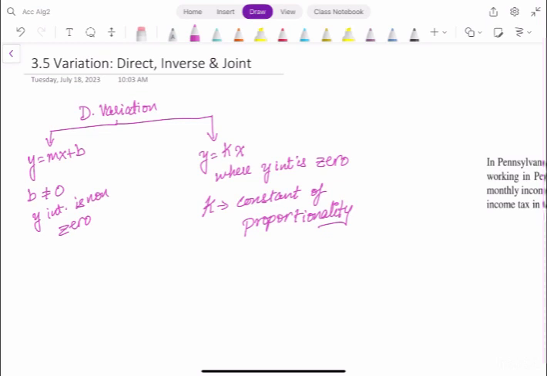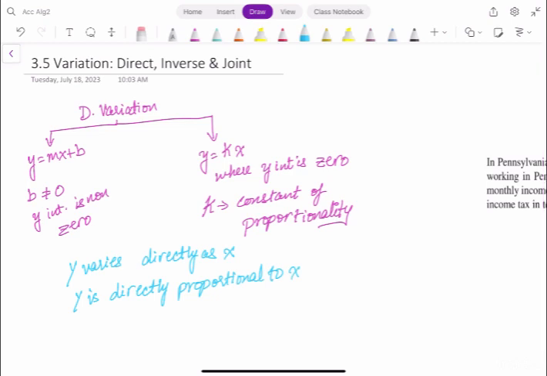We can say about direct variation in a more mathematical way: y varies directly as x. Another way to say it is y is directly proportional to x. So if any question says directly proportional, that implies we are multiplying the constant with the x term. It is a product, right?